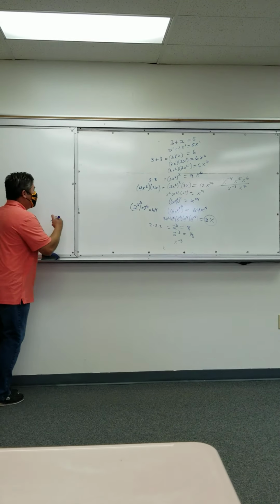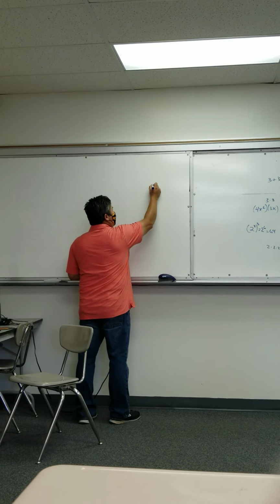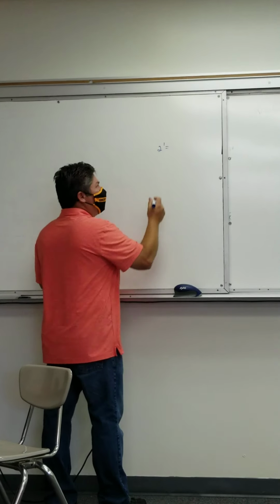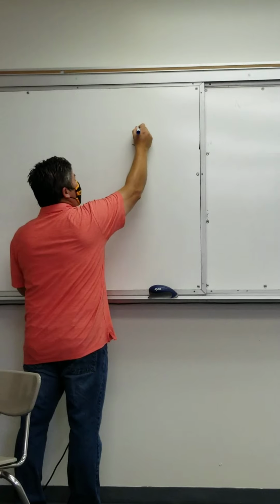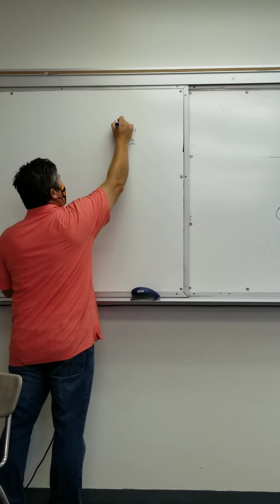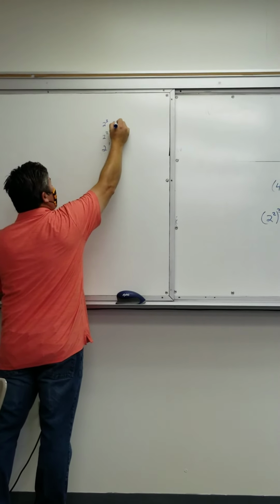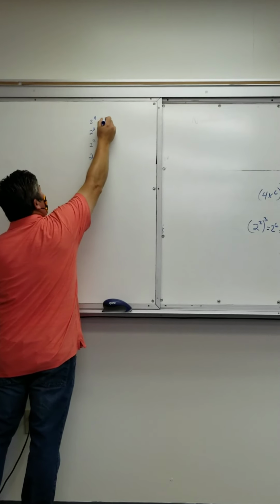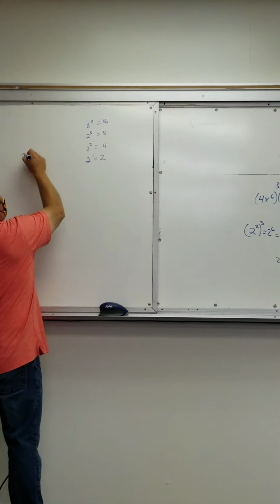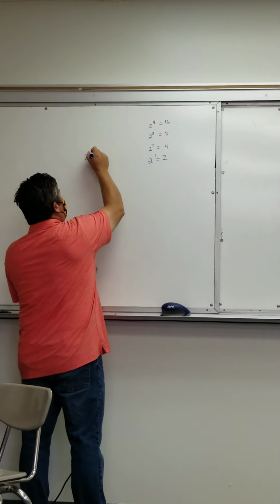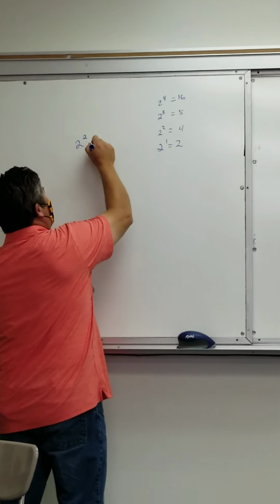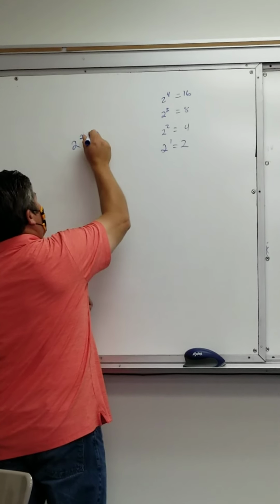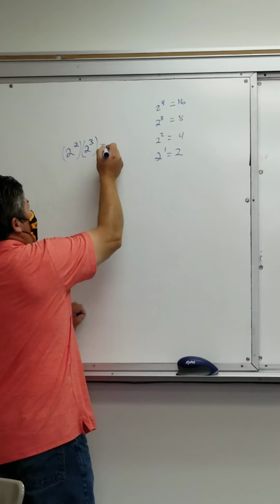So that's all the negative exponent does. Let's think about this for a second. What's 2 to the first? What's 2 to the second? What's 2 to the third? What's 2 to the fourth? What's 2 to the second, 2 to the third? What's that equal to?